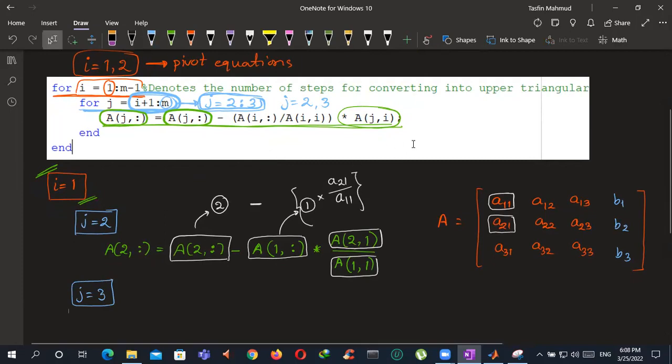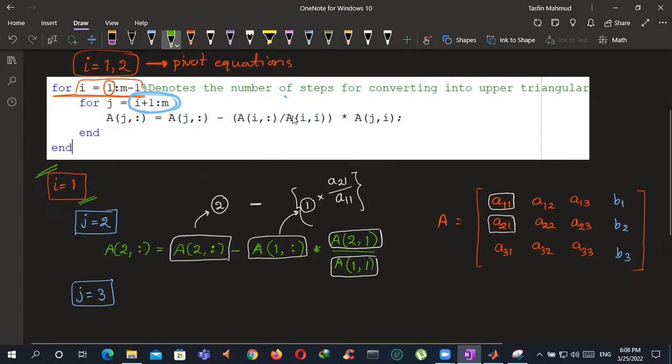So if I write this line once again, considering the value of j, we have a j comma colon. So value of j is 3 now. So a 3 comma colon. This is equals to a j comma colon, means a 3 comma colon, minus a I comma colon.